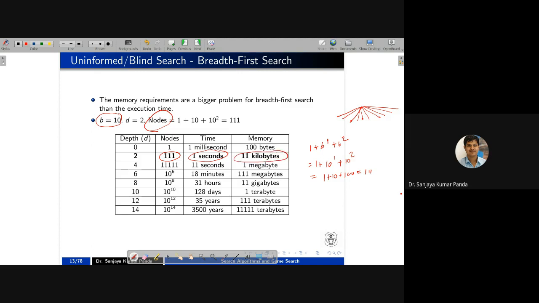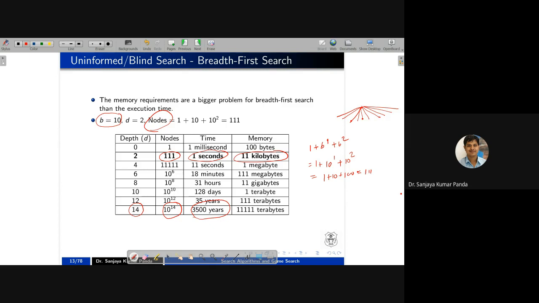That is also feasible. But when you go for a higher number of nodes, like you can see here, when depth is equal to 14, the number of nodes is 10 to the power 14. So how much time is required to explore a particular node? A single node takes 1 millisecond, I told you. So if you go for 10 to the power 14, it takes 3,500 years to complete the search.